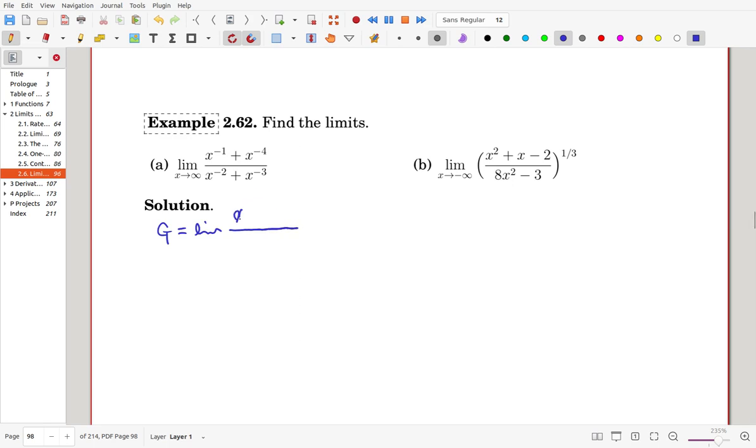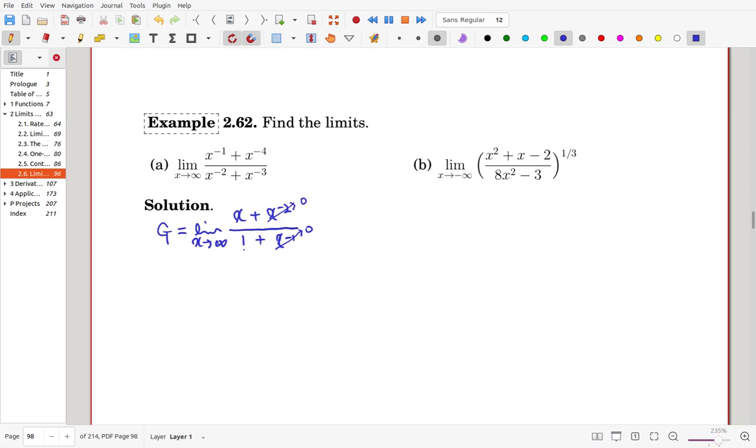Then in the denominator there is 1, and in the numerator there is x to the minus 1. As x approaches infinity, we know this will approach 0, and again that one.